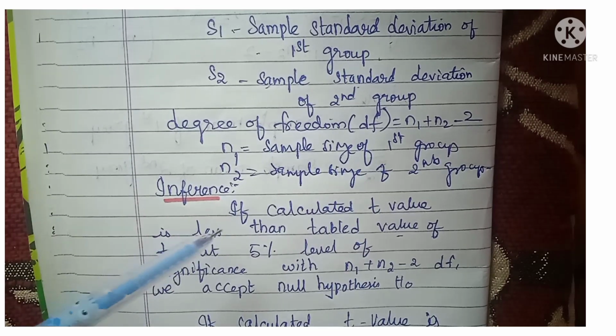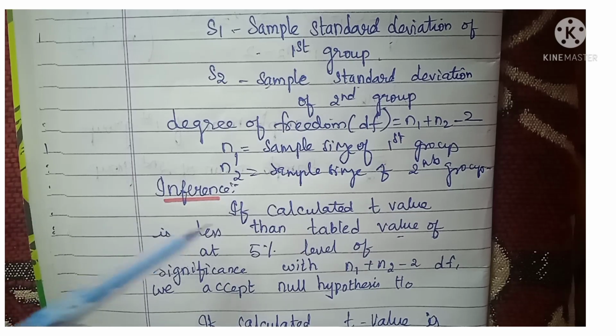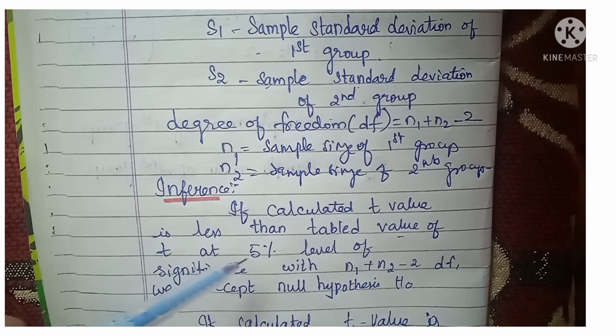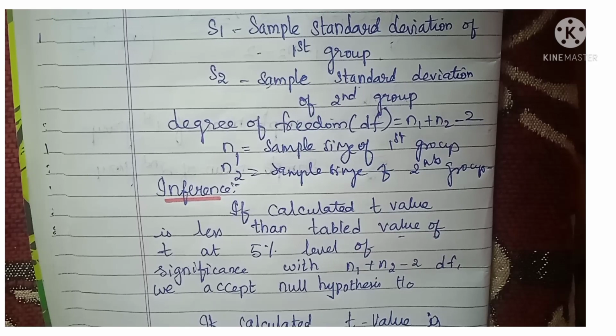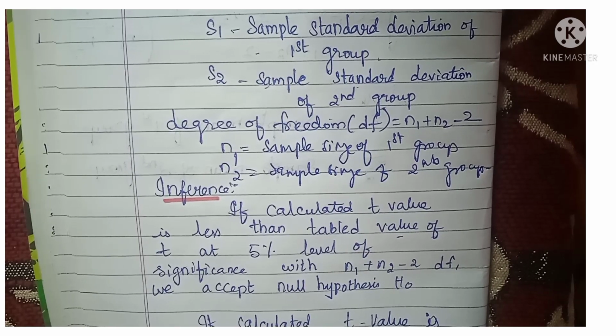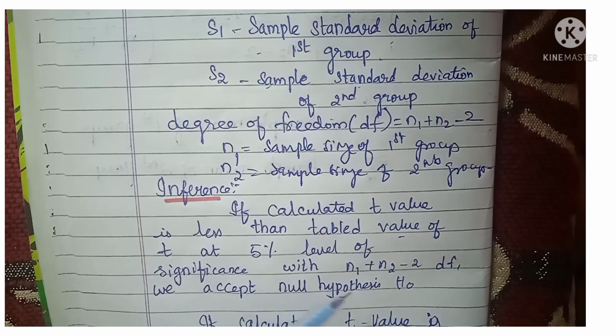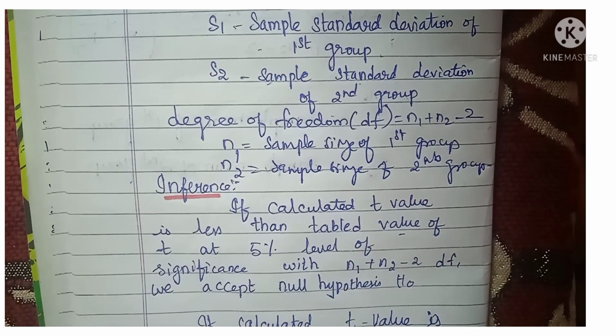When the calculated t value is less than the table value at 5% level of significance, 0.05 level, in the t distribution table, with n1 plus n2 minus 2 degrees of freedom, we accept the null hypothesis H0.